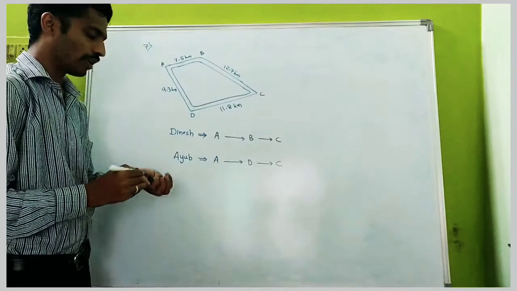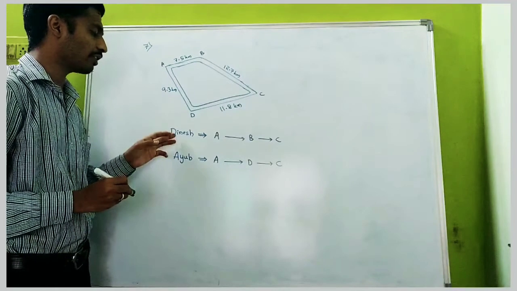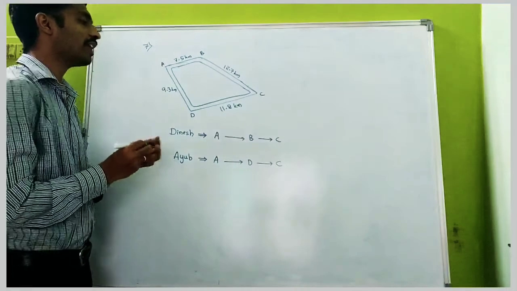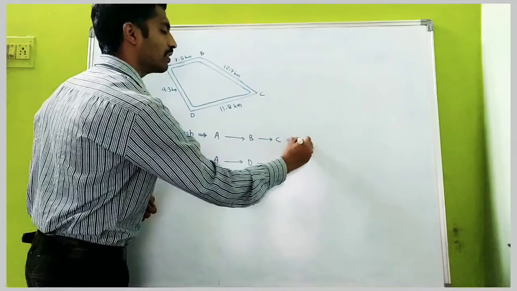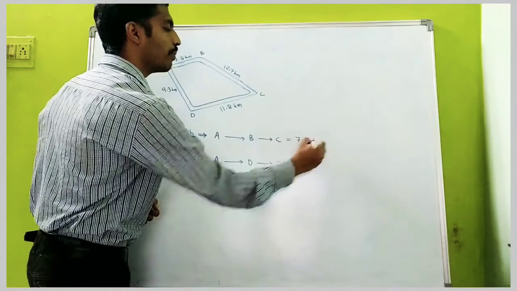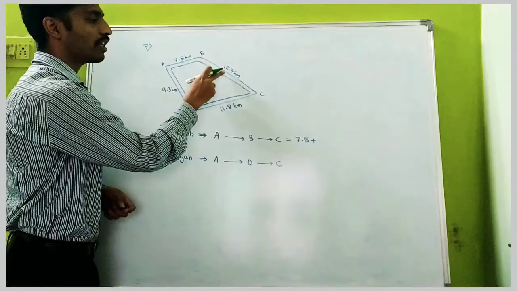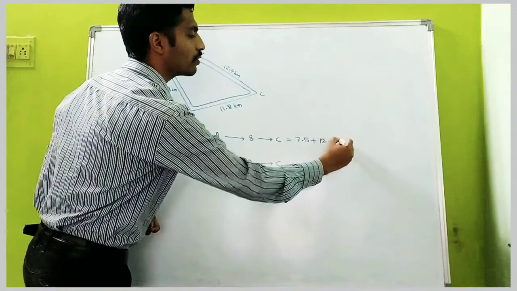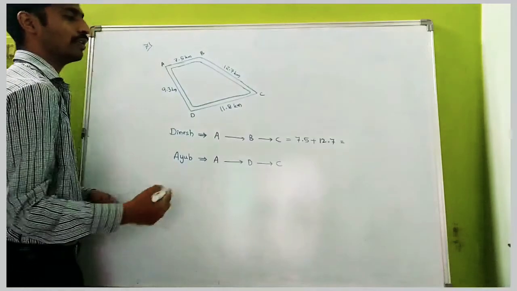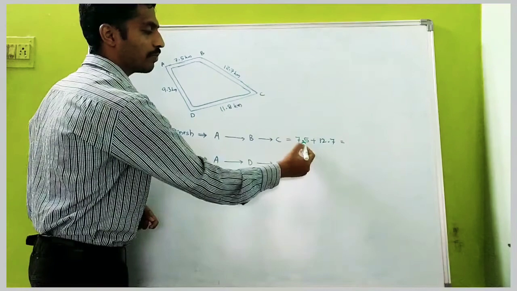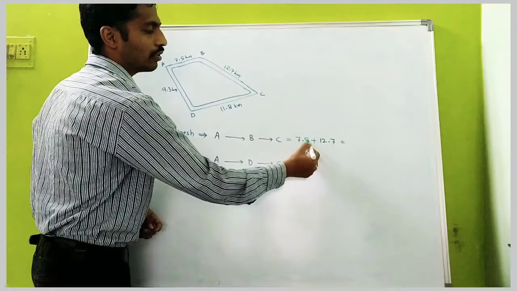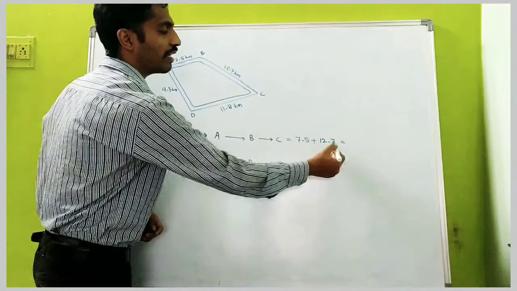Okay, so for this what you have to do? First you have to calculate how much Dinesh traveled. From A to B he traveled 7.5 plus, and B to C 12.7. So add them. How to add? First at the point side. In tenths place here 5, here 7.